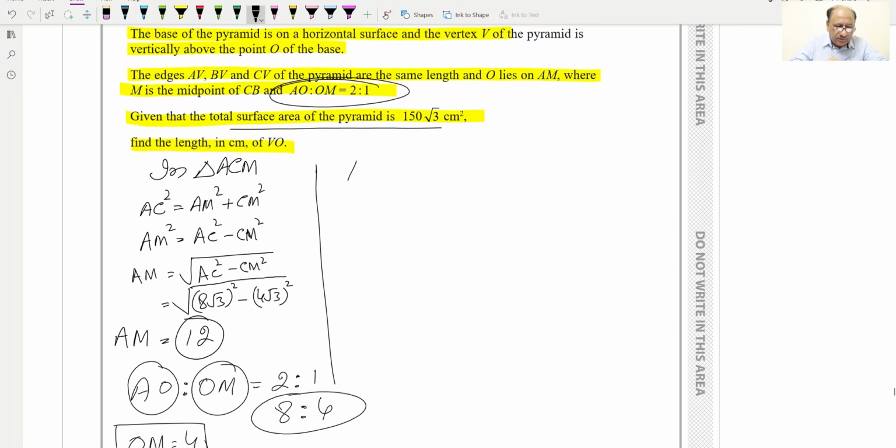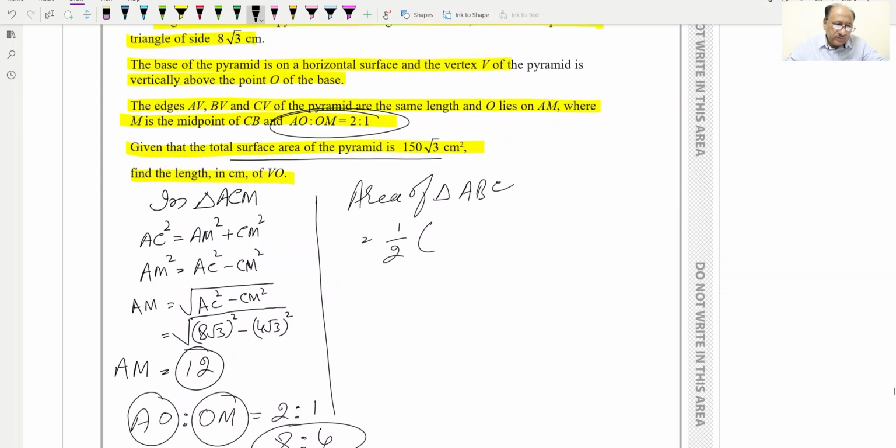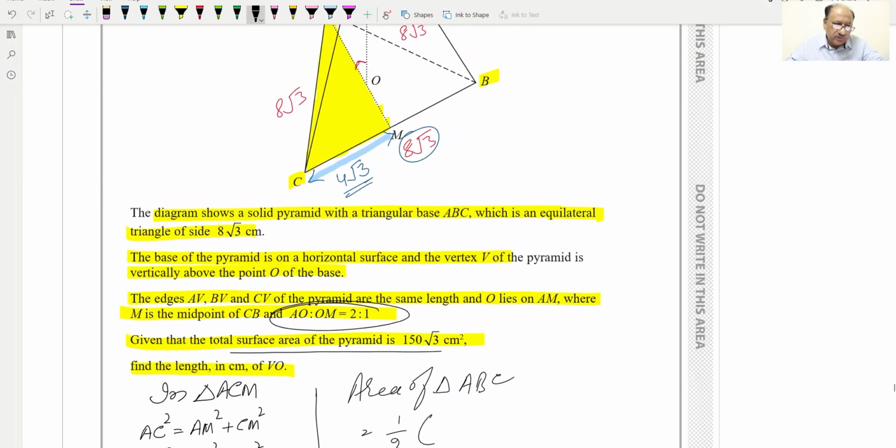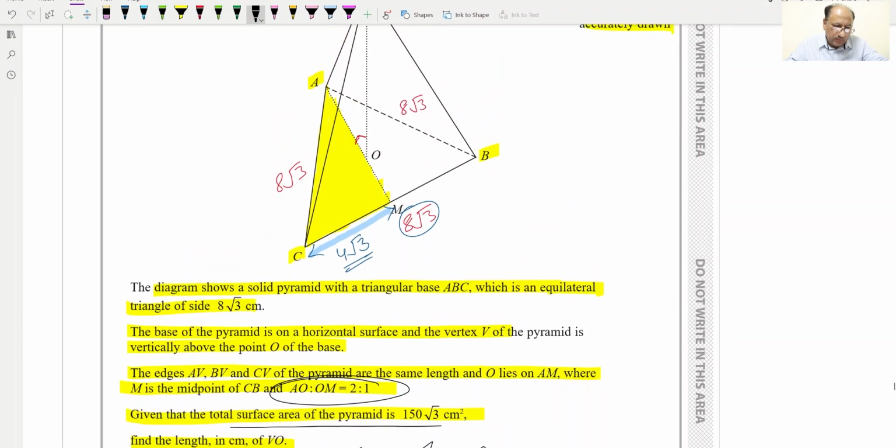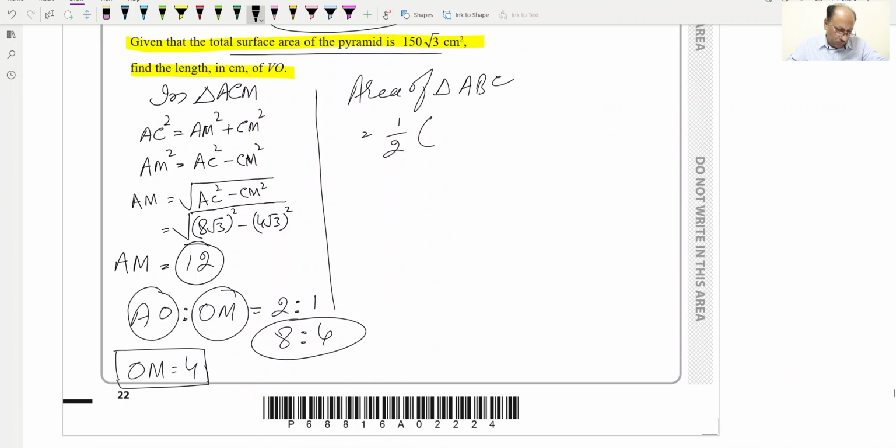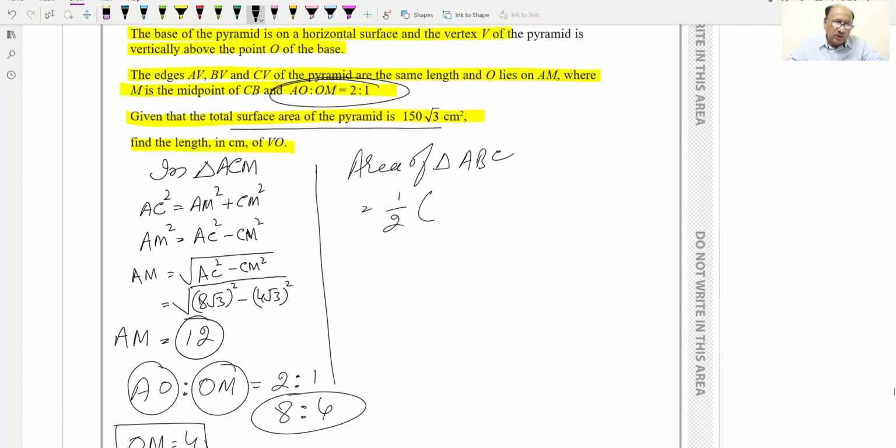Area of triangle ABC will be equal to 1 by 2 into one side, which is 8√3, into AM, which is 12.